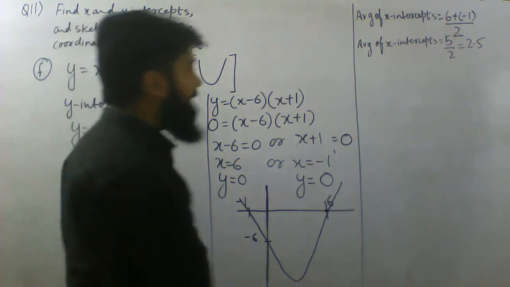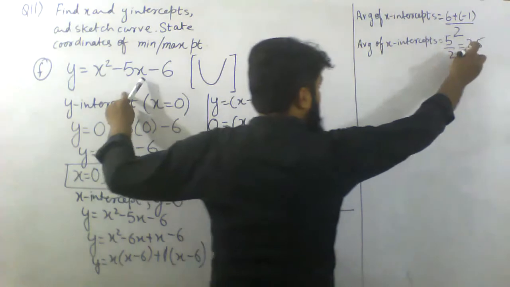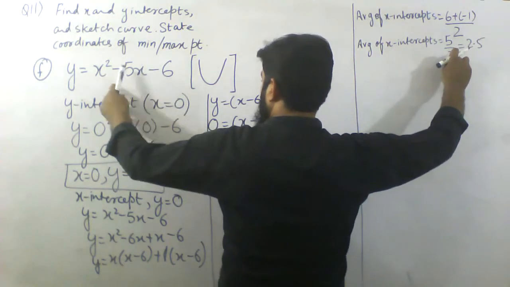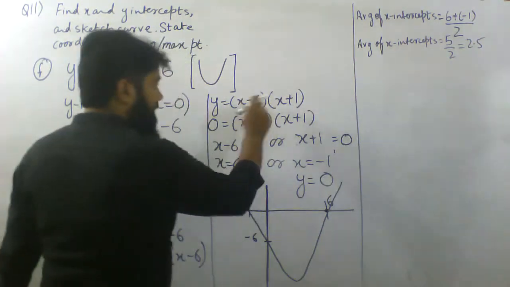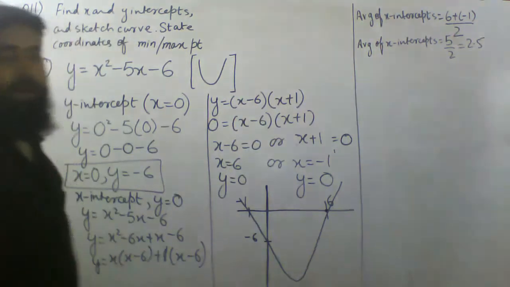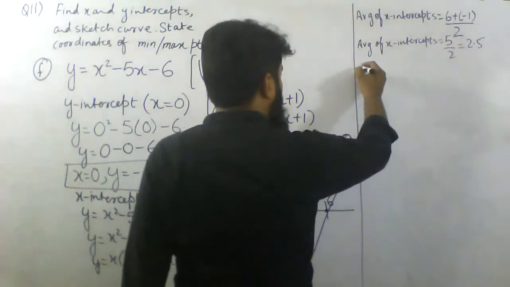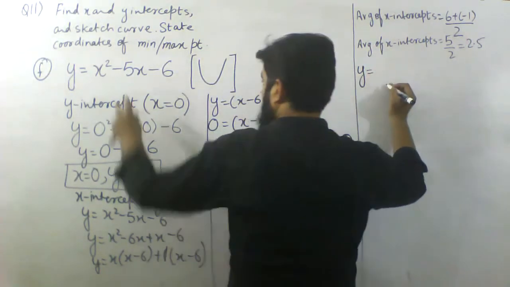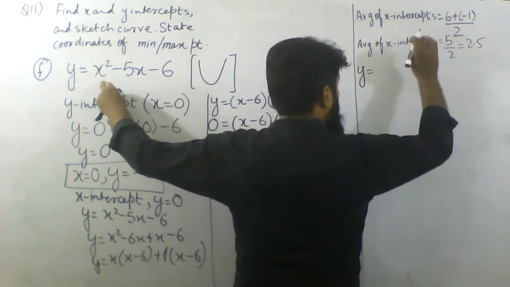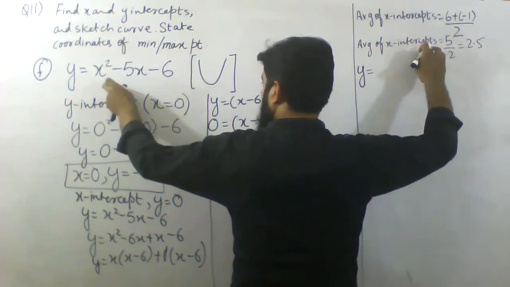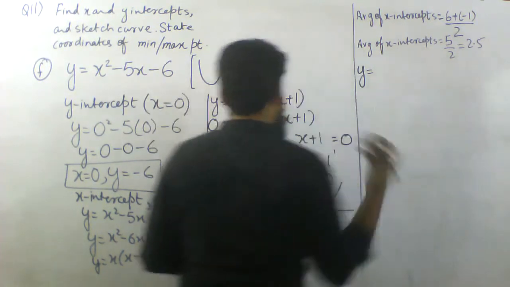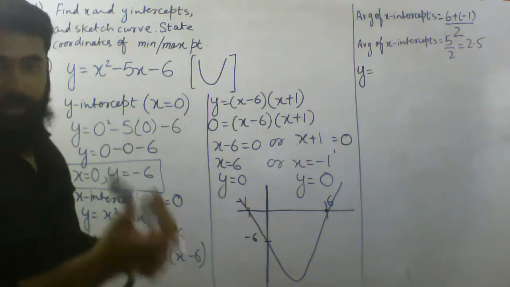After that, I can be plotting this over here or I can plot it over here to get my result. So y equals to x square minus 5x minus 6. The average of x-intercept will be plotted in the equation as I have explained to you in the start.